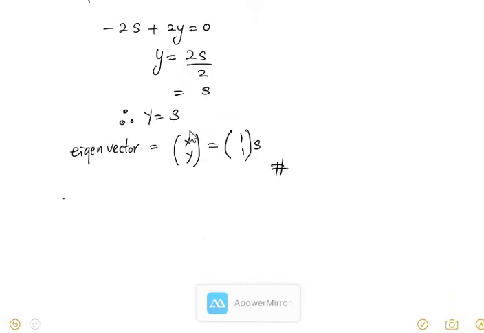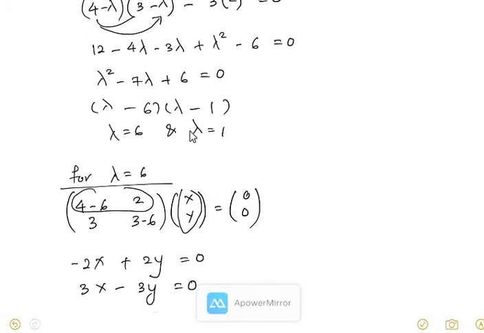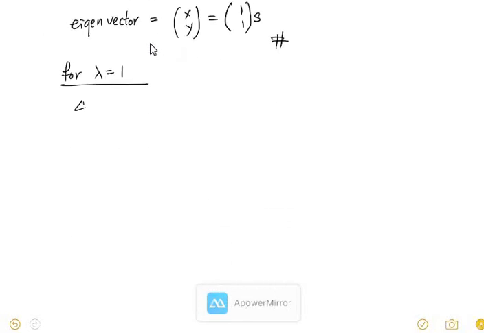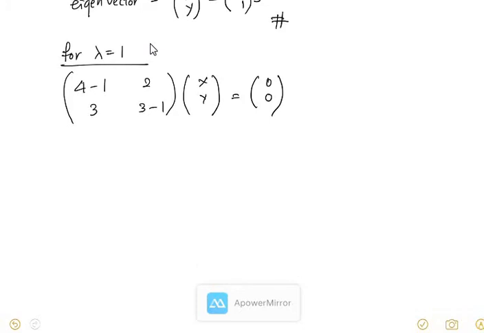So now I do for lambda equal to 1. Similarly, I substitute lambda equal to 1 into the matrix. So 4 minus 1, 2, and 3, 3 minus 1. So 4 minus 1, you get 3. So 3 times x, you get 3x, plus 2 times y, you get 2y.